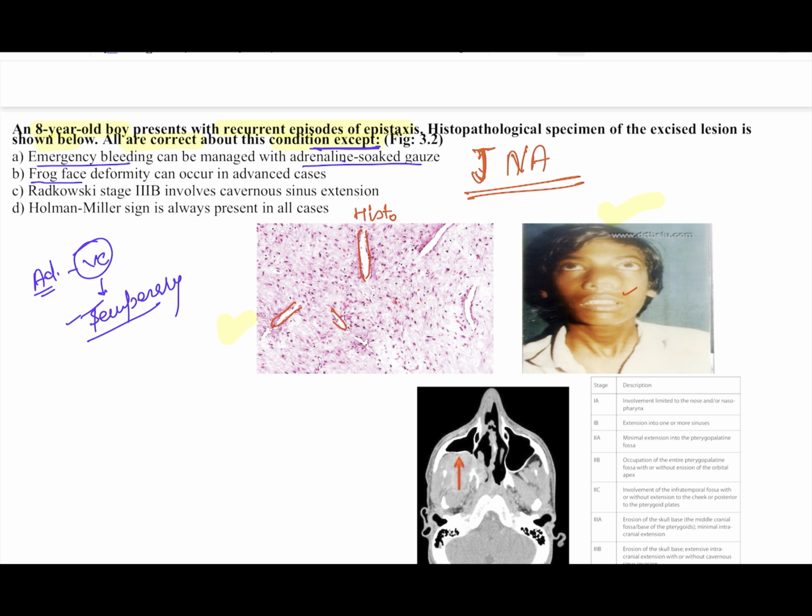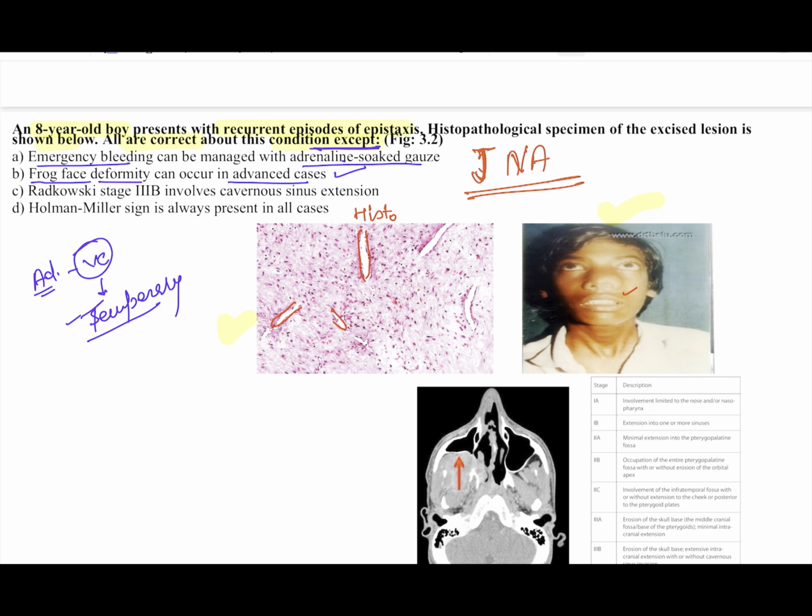The second option is saying frog face deformity can occur in advanced cases. Yes, this is also true. Why? Because juvenile nasopharyngeal angiofibromas, or JNA, have significant tumor extension and facial bone remodeling, which is mainly due to the mass effect, pushing the facial structure forward and outward.